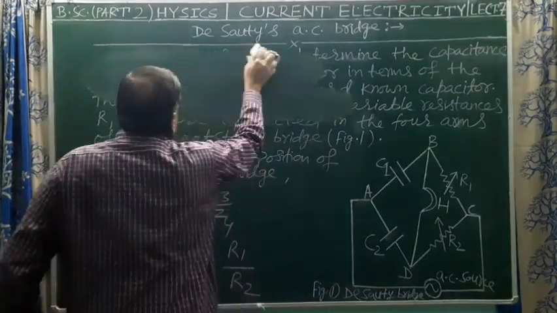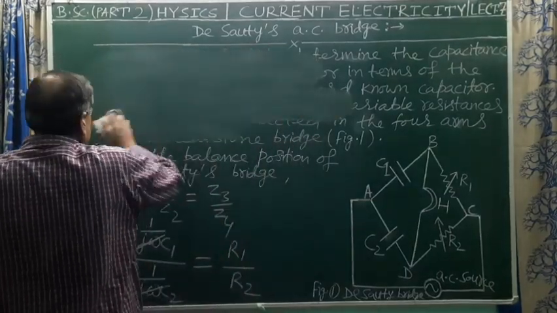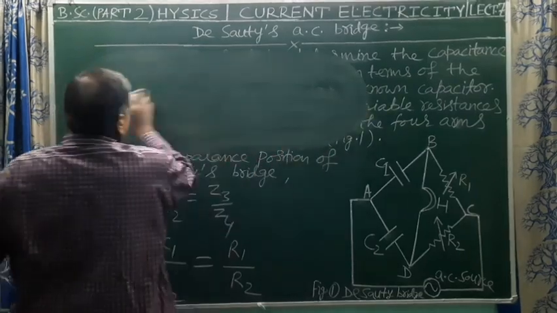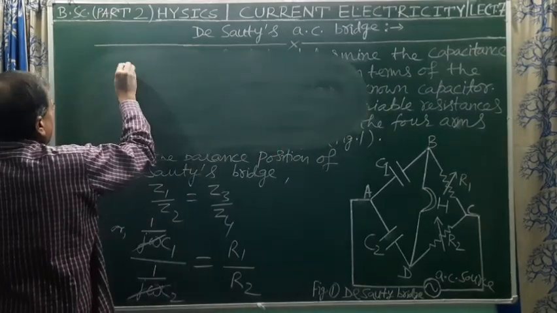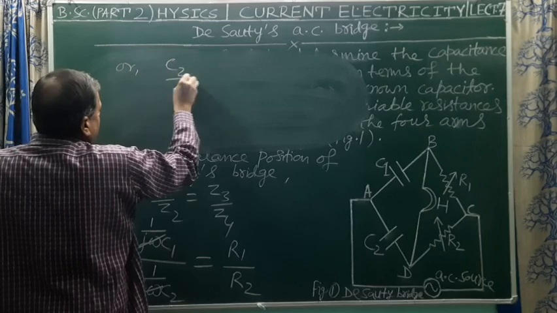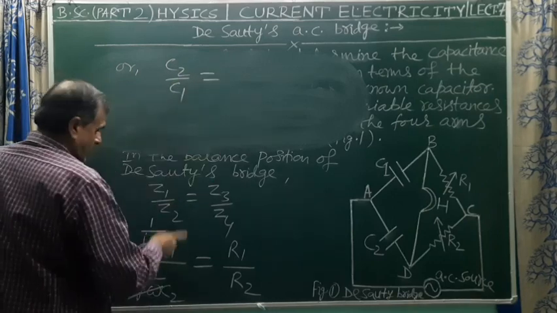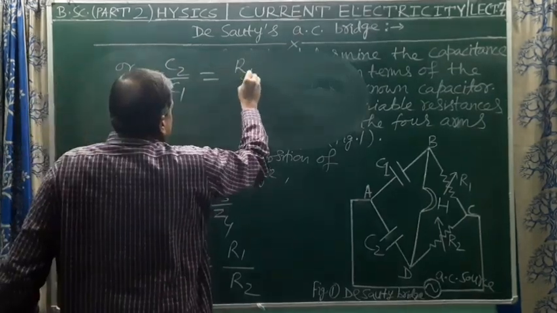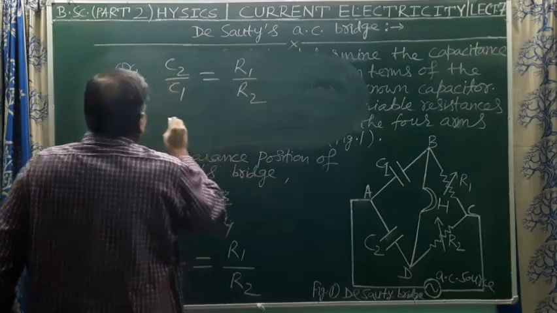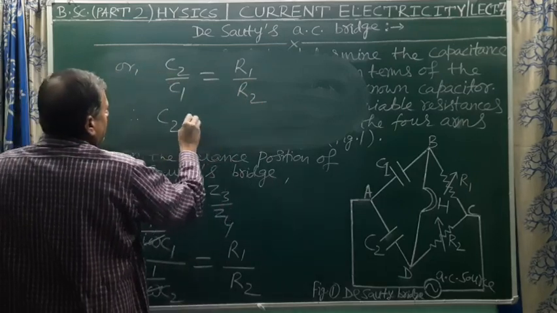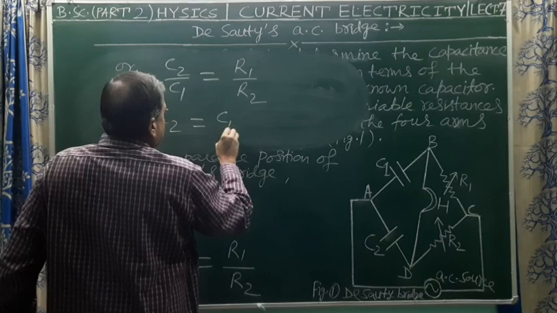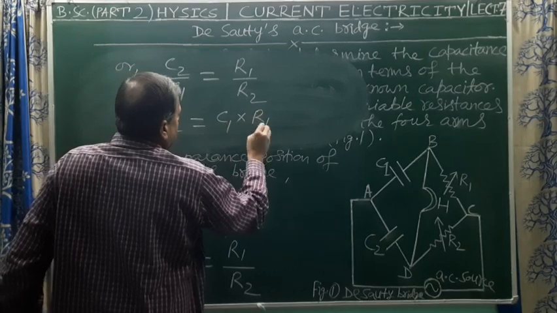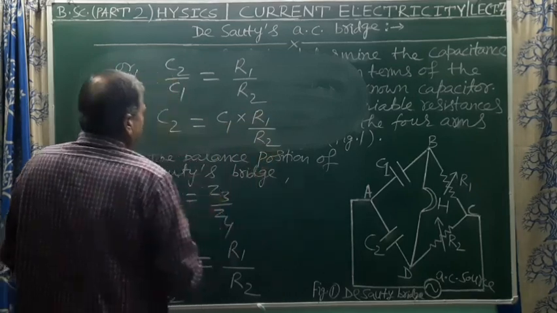So we have in the next step C2 upon C1 equals capital R1 upon capital R2. Therefore, C2 equals C1 multiplied by R1 by R2.